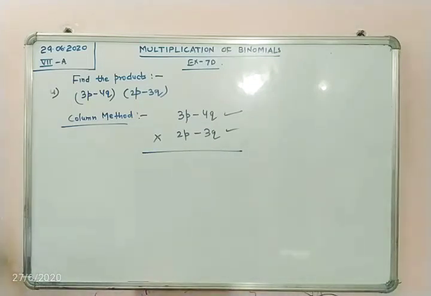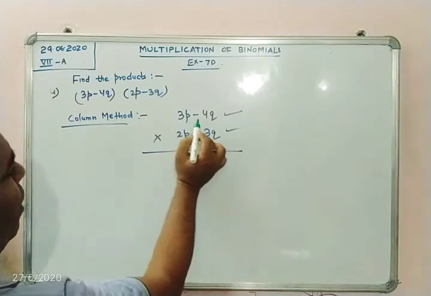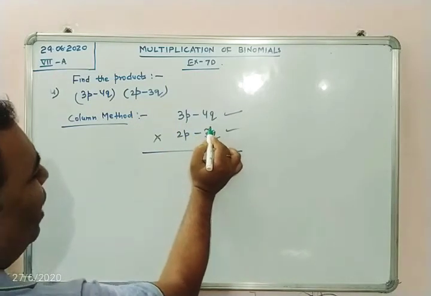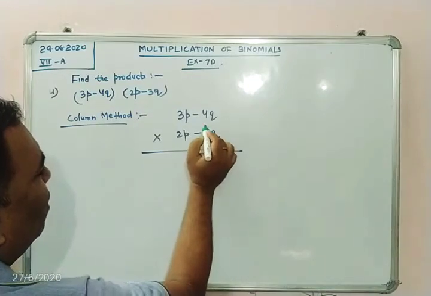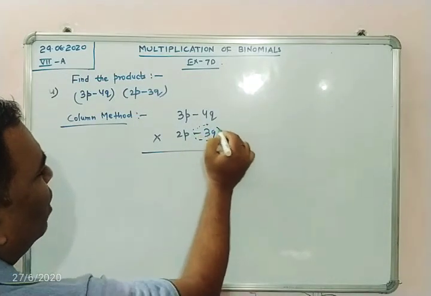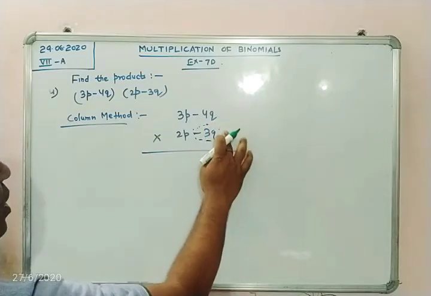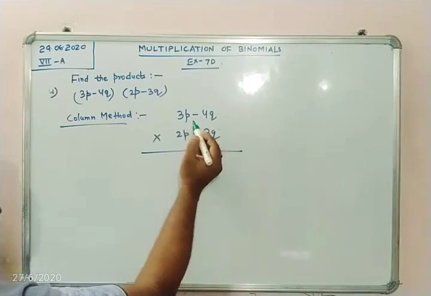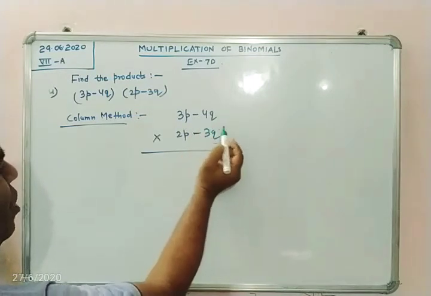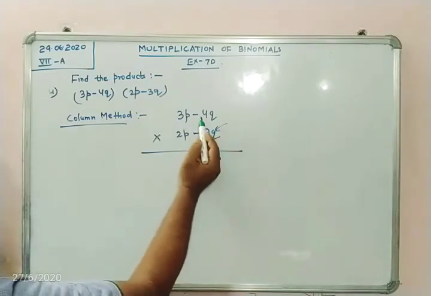We can multiply, first of all, 3p - 4q will be multiplied with minus 3q. Okay students, which one? This one. So this will be multiplied one by one. So I am going to multiply first of all with 3q.